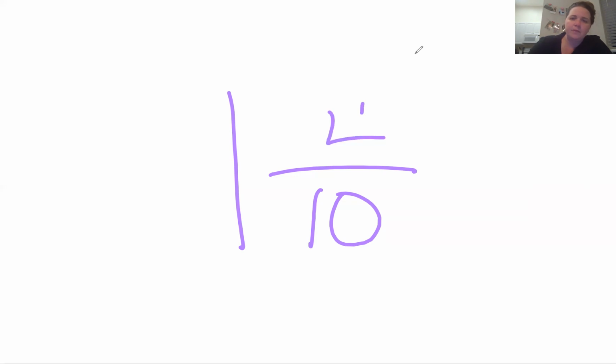Well, then I see part of the next one is shaded, which means I'm going to have a fraction. And I have to ask myself, how many are in the whole? What's my denominator? How many pieces is that piece cut into? And it is 10. Then I ask myself, how many green pieces are shaded? 1, 2, 3, 4. 4 pieces are shaded. That is the fraction for that picture.